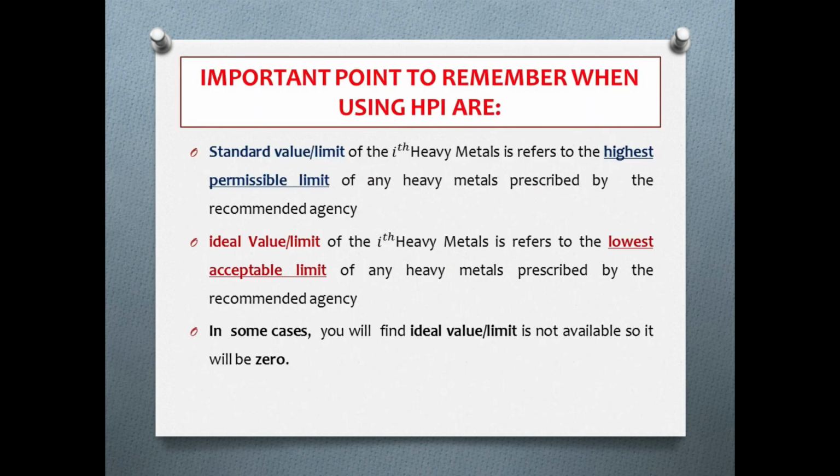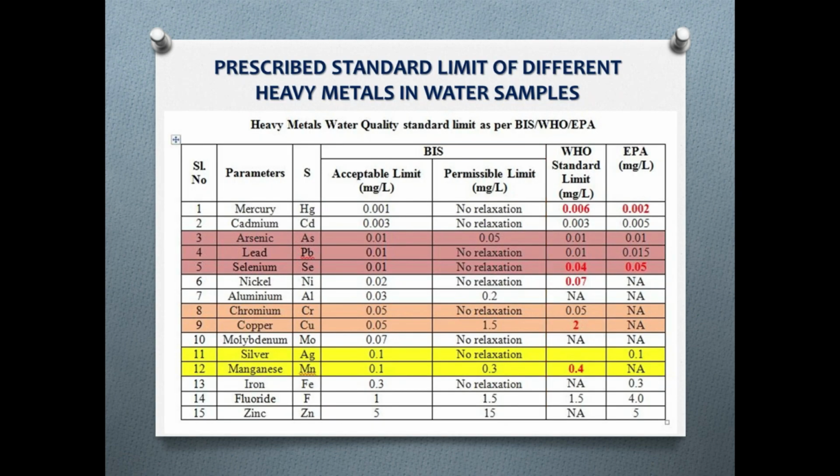Now let's go back to that table. From this table, let's find out the Si and the Ii value of, let's say, arsenic, copper, zinc, and lead. For this, I'll be using the BIS standards. So from here, for arsenic, where is arsenic? Number 3. For arsenic, you'll have these two values, 0.01 and 0.05, right? So the highest value here will be 0.05 and the lowest value will be 0.01.